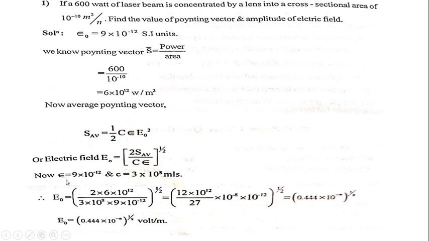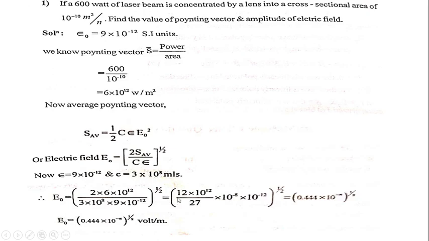So now epsilon equal to 9 into 10 raised to minus 12 and C equal to 3 into 10 raised to 8 meter per second. So therefore E0 equal to 2 into 6 into 10 raised to 12 upon 3 into 10 raised to 8 into 9 into 10 raised to minus 12 brackets half raised to half.